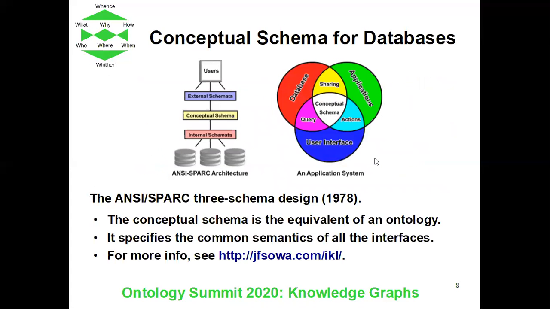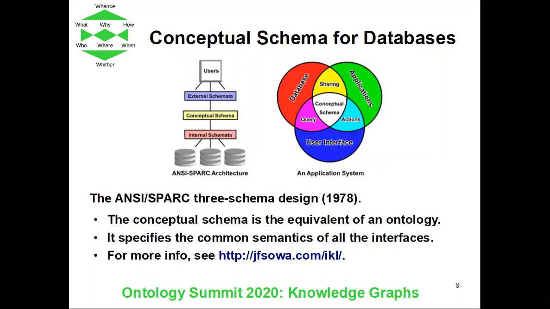Okay, yeah, the conceptual schema for databases was being proposed in 1978. This is the diagram for the ANSI SPARC three-schema design, and they wanted to distinguish the external schema, which represents the user interface, from the internal schema, which represents the way data is stored, which could be either a graph notation or SQL tables or relations or whatever.